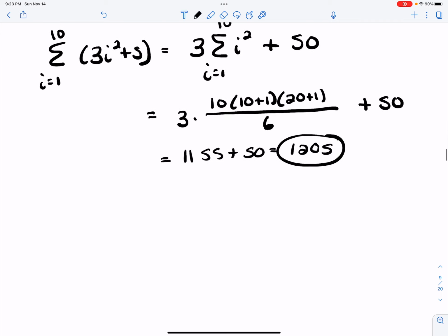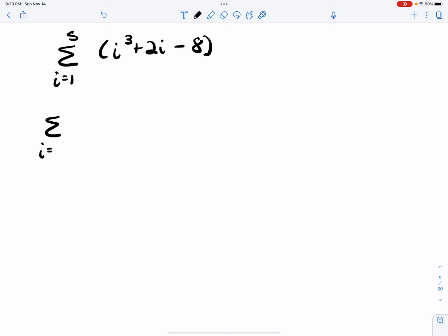Okay, let's do one more. Sum of i equals 1 to 5 of i cubed plus 2i minus 8. We've not done this one yet. So we can break that up into the sum of i equals 1 to 5 of i cubed plus the sum of i equals 1 to 5 of 2i.